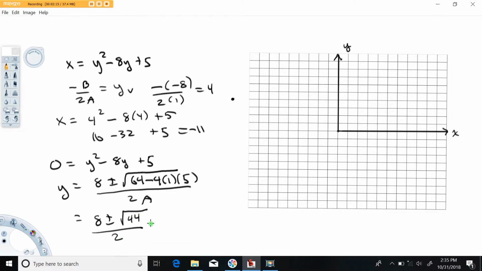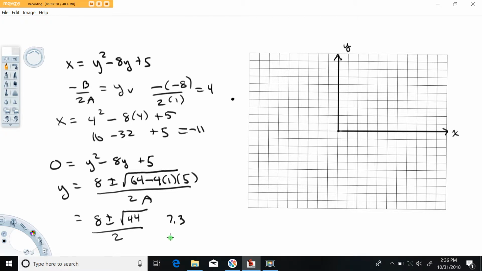over 2. Since I'm graphing, I'm just going to take a calculator and get those numerical values here in decimal form. 8 plus square root of 44. Okay, and I got 7.3 for one of them, and 0.68 for the other.